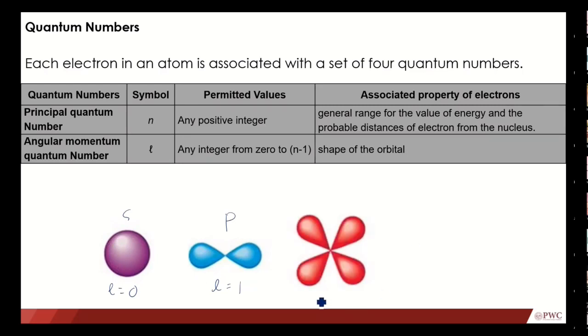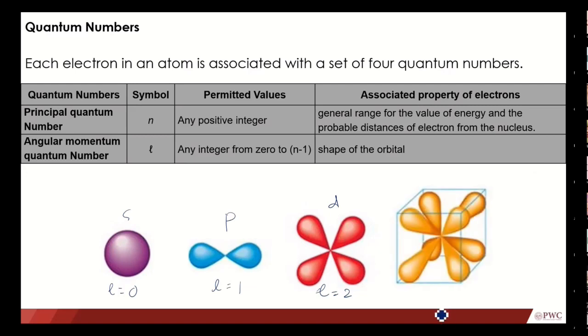And next, when we have l is equal to 2, that's a d orbital. So as we go to a higher number of l, we get more complex shapes. And then when l is equal to 3, we are referring to an f orbital. So again, this quantum number describes the shape of the orbitals. That's the second quantum number.